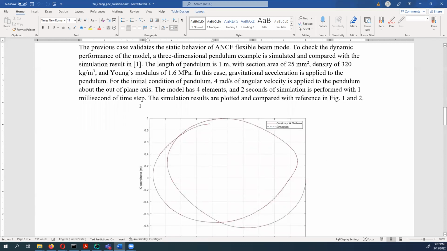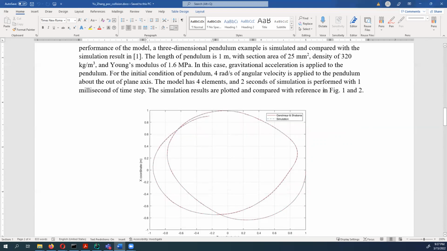Next, because the model is overall going to be a dynamic model, I want to check the dynamic motion is valid and accurate. So the way I do that is to extract the data from a paper and do the simulation with the same configuration, which is going to be a dynamic rotational motion of the beam with flexible bending involved in the system.